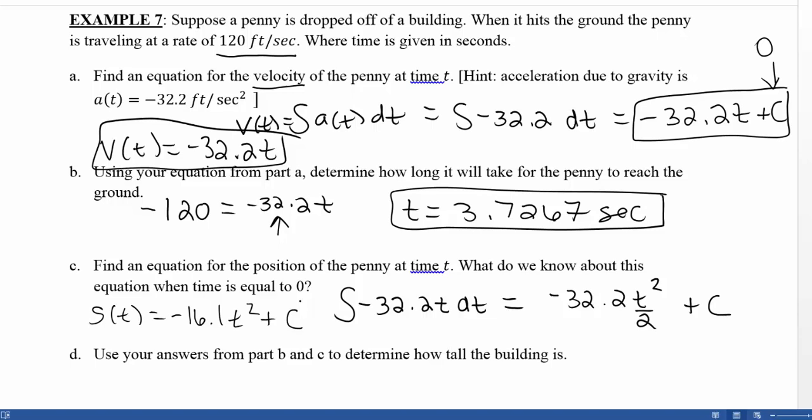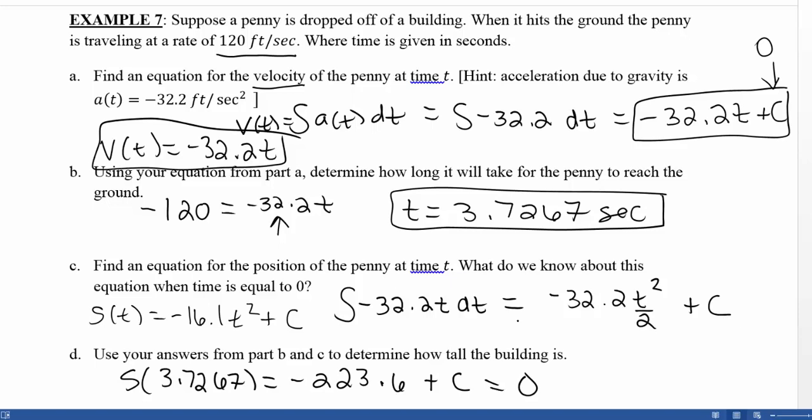So I'm going to take my time and plug it into my position function. When I plug it in for t, I get negative 223.6 plus c. That tells me how tall the building is, because I know the position at this time should be 0, because at time 3.7267 is when I hit the ground.